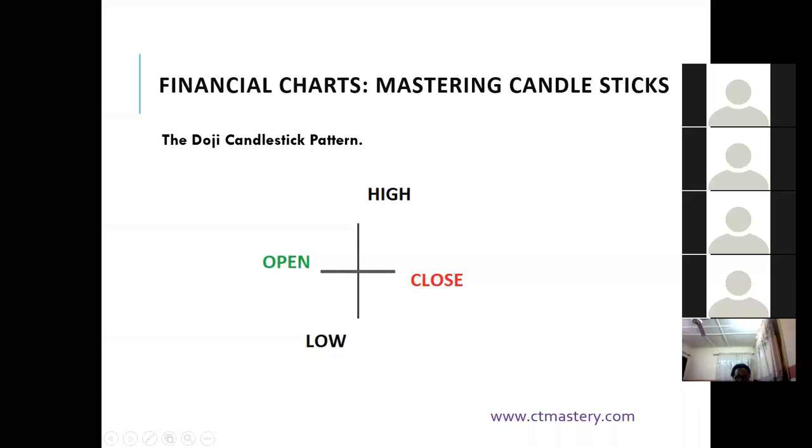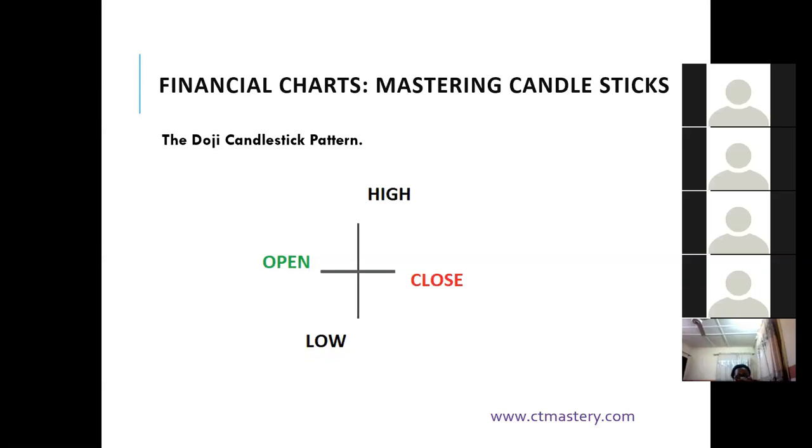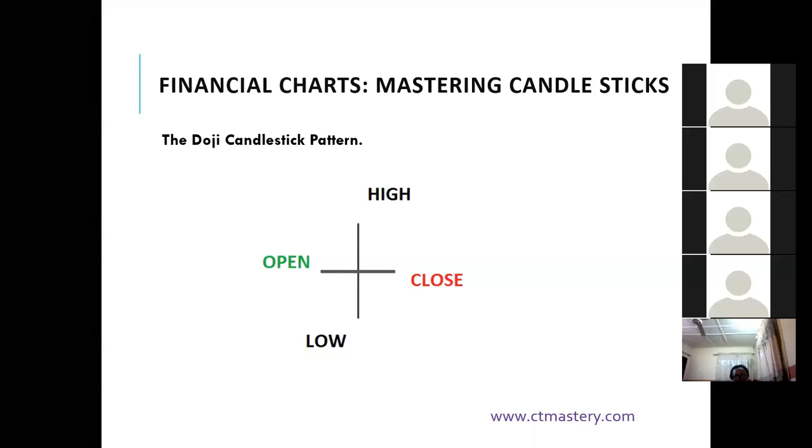The next candlestick pattern we'll talk about is the Doji candlestick pattern. When we see this, we are saying that there's an indecision in the market. The opening price is the same or close to the closing price, so the market has not decided what to do. So we'll say there's indecision here.